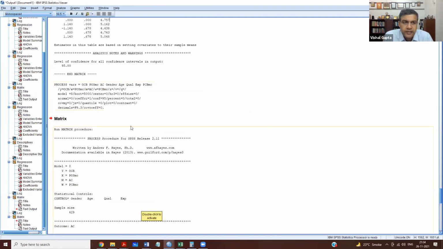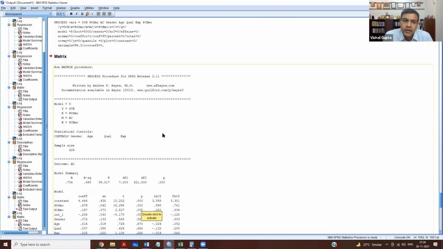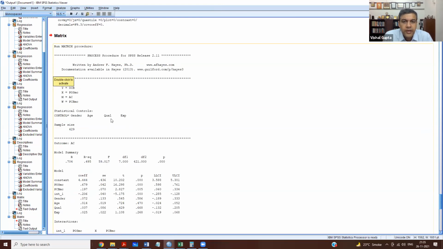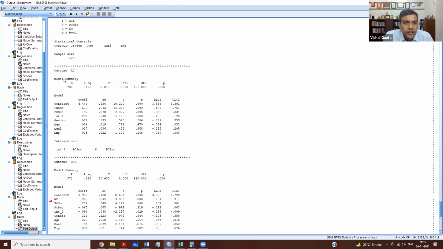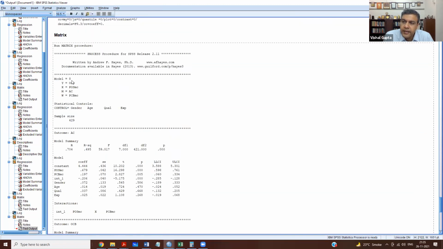Yes, here it is. Now model number 8. Okay, so let us look at what it is that we are getting. So we are getting model number 8. That is fine. Our Y is OCB, X is POS, mediator is AC, and the W here is PCB mean-centered.